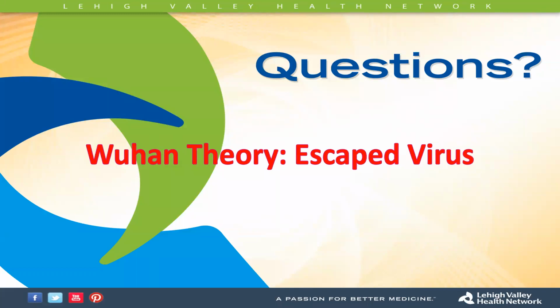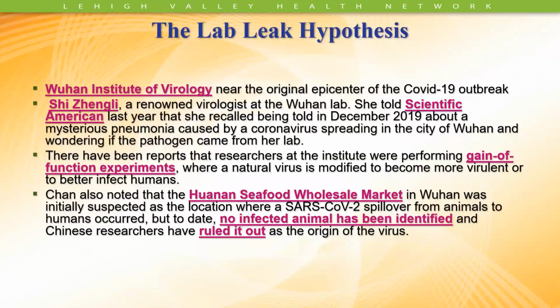Theory 2 is that it was an escape virus, the Wuhan theory. I think the Wuhan Institute of Virology was near the epicenter and was located about 2 blocks from a large group of wet markets.